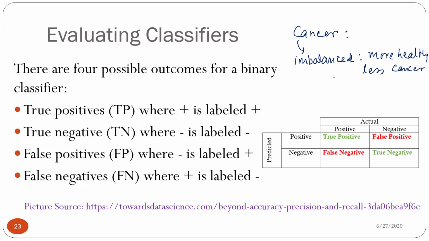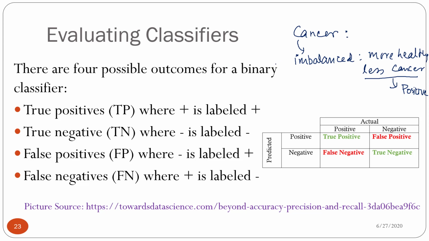In this kind of situation, where one class is less in number and the other class is more in number, the label that corresponds to cancer would be called positive, and the other class which is non-cancerous would be considered negative.